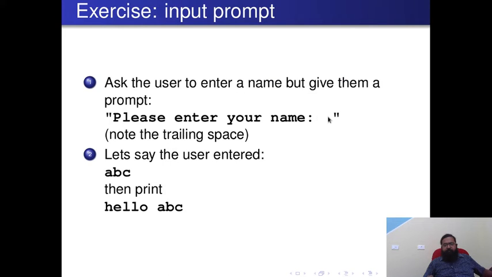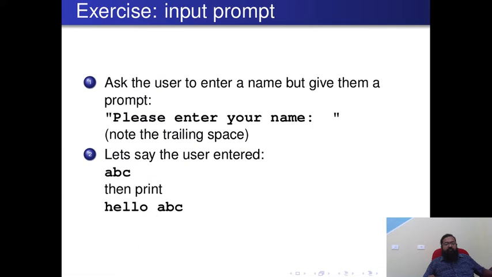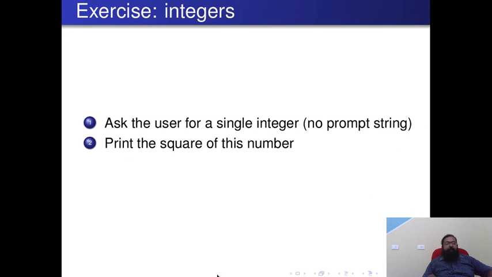You can see that until I had that space, there was no space between the prompt and where I entered the name, but over here that space is also added, and that is because I added this trailing space. So name, please enter your name, hello, name. You can see that there is a trailing space that is given here.